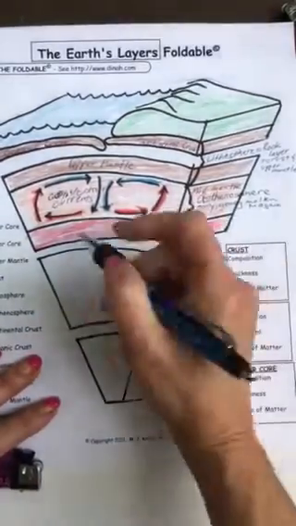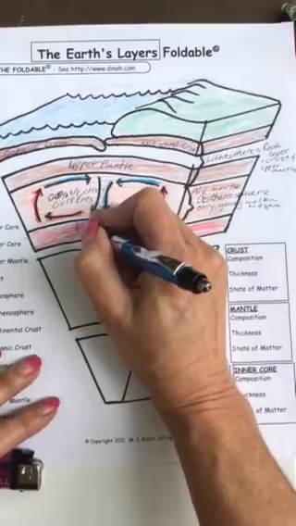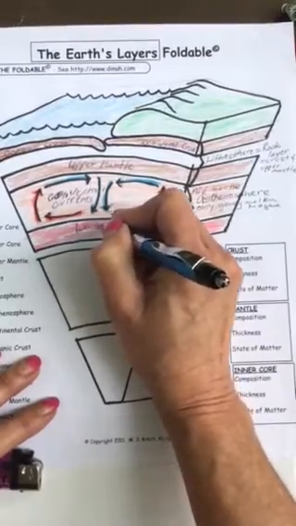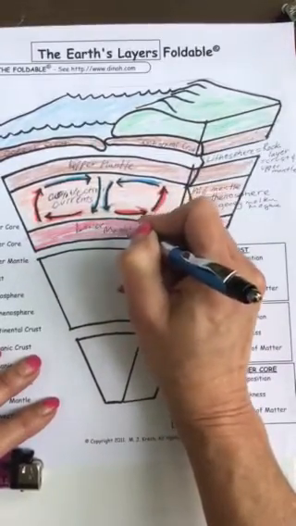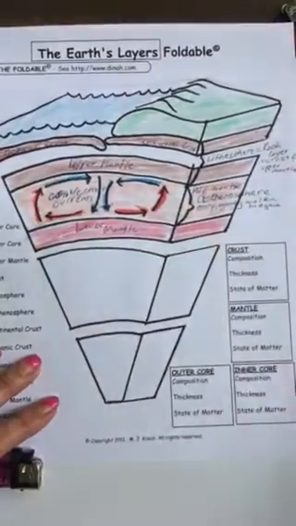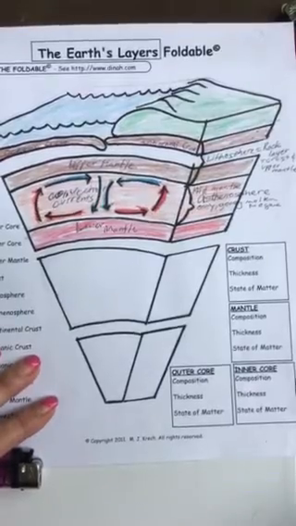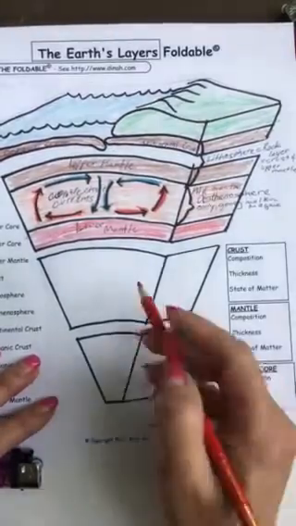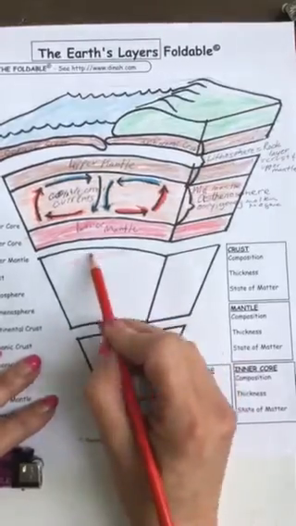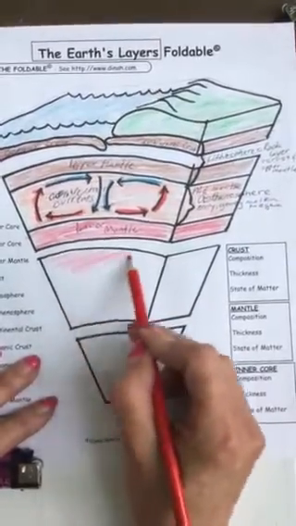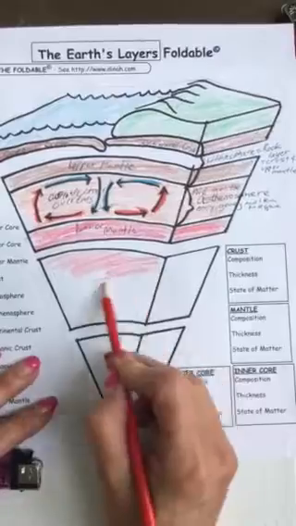And label it. And then we get to an area known as the outer core, which is this. I'm going to shade this in red too. If I have a darker red, it would be nicer. I think I do.